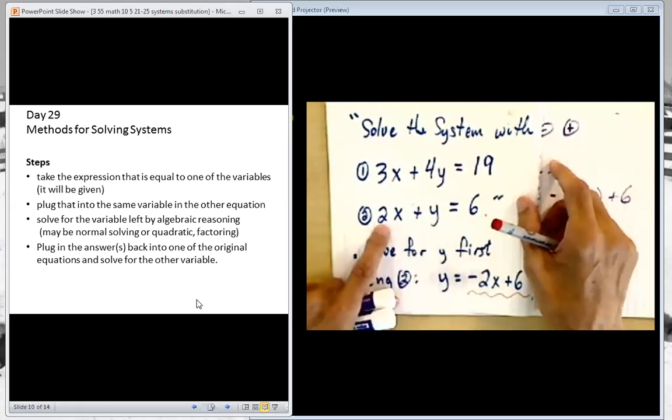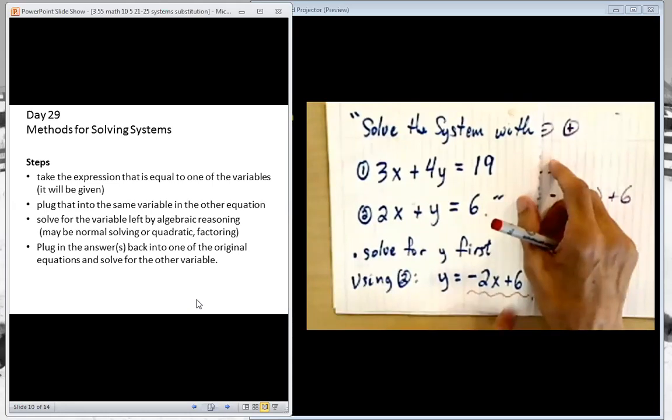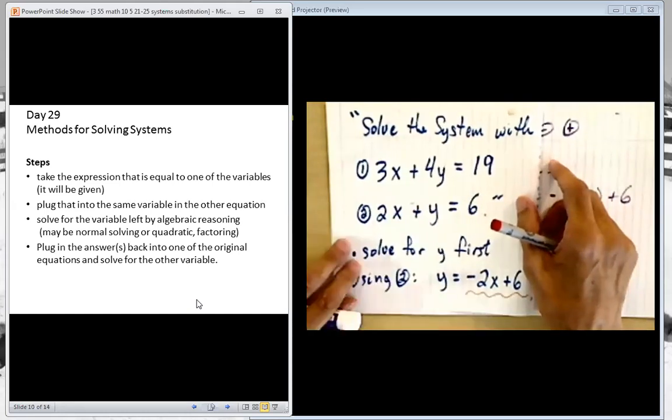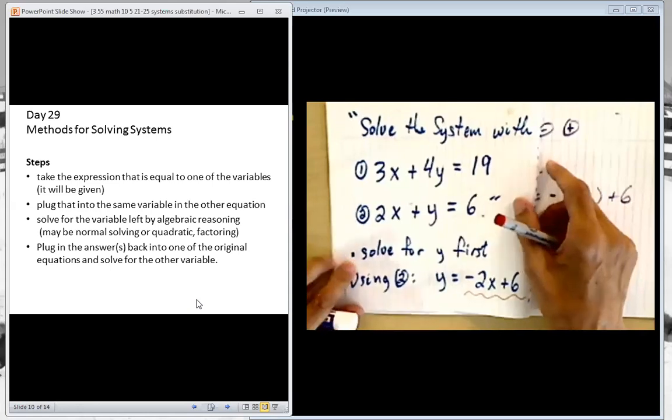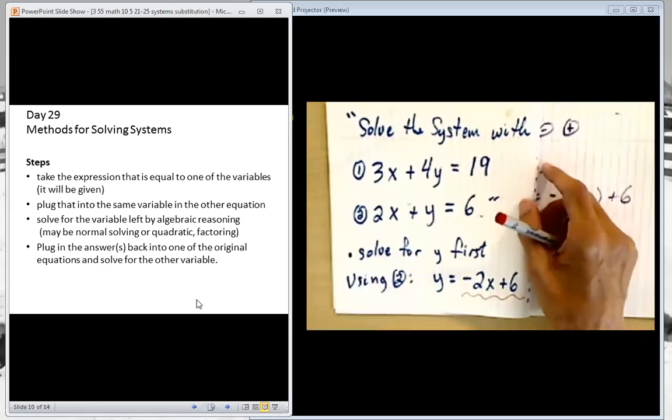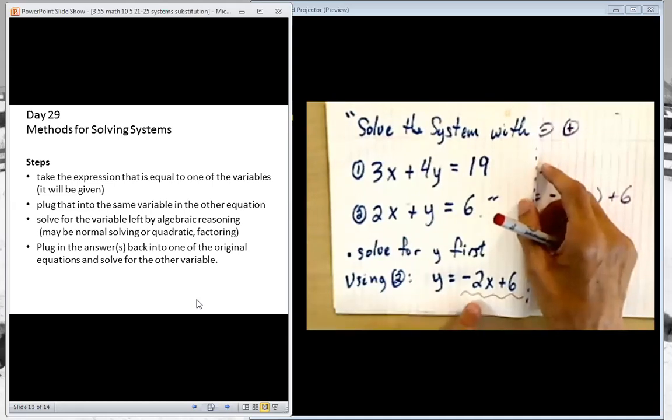There's a 6 in number 2, right? So y is minus 2x plus 6. Put x is 1. So y is minus 2 plus 6. Minus 2 times 1 is minus 2. And minus 2 plus 6 is 4. y is 4. Those are the steps, yeah.